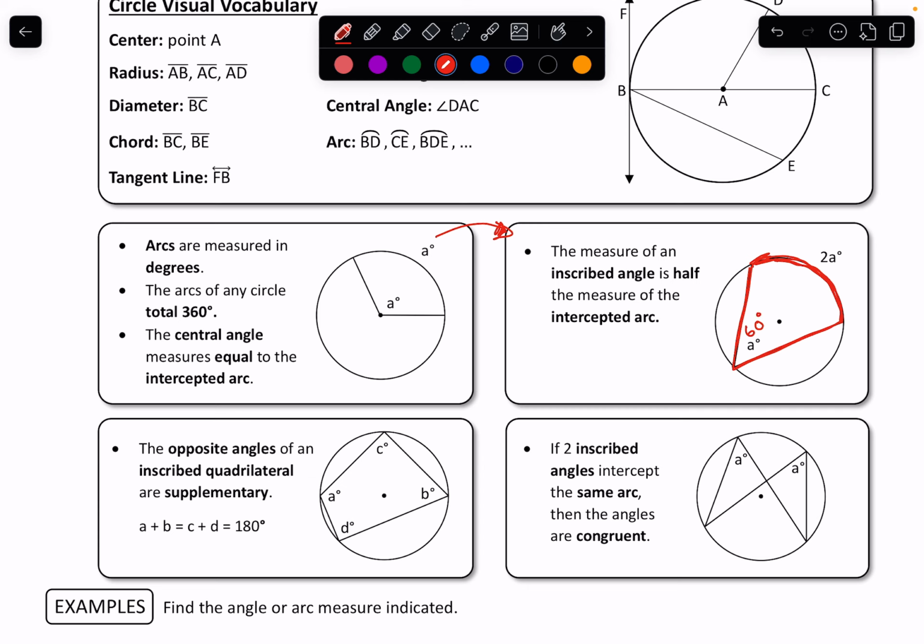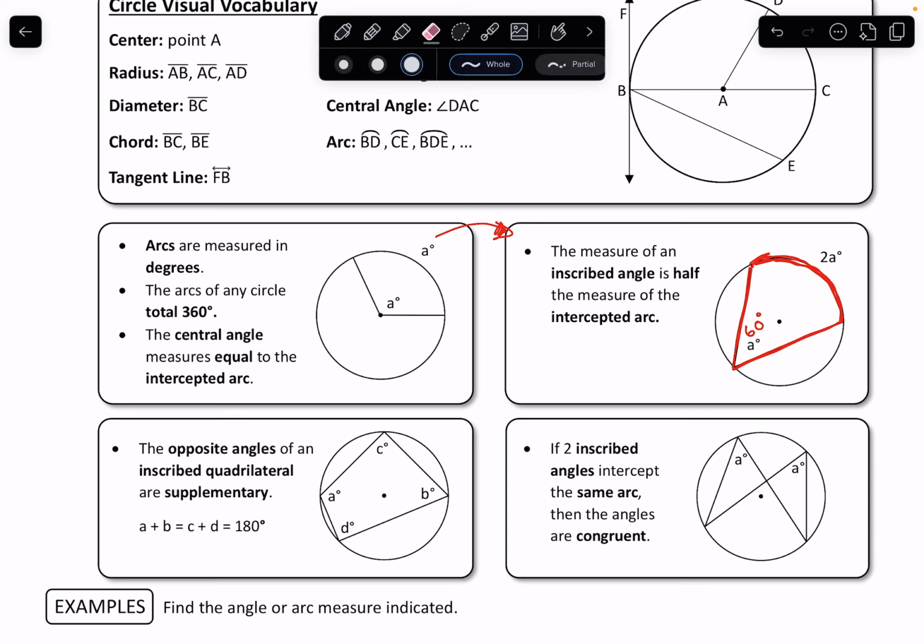If that angle is 60 degrees, the arc of that angle is not 60 degrees because I'm not connected to the center. I'm not going from the endpoints of my arc to the center. I'm going from the endpoints of my arc to another point on the circle, and I'm making an inscribed angle.